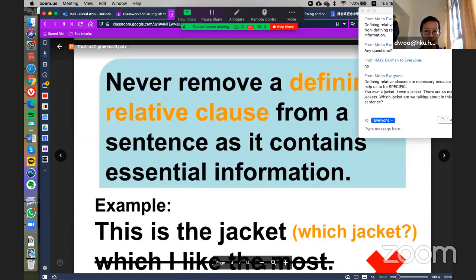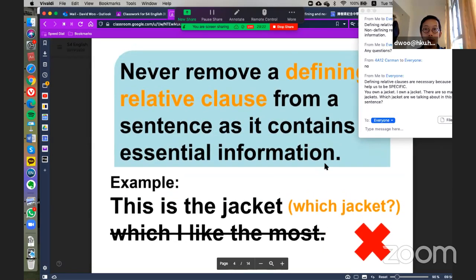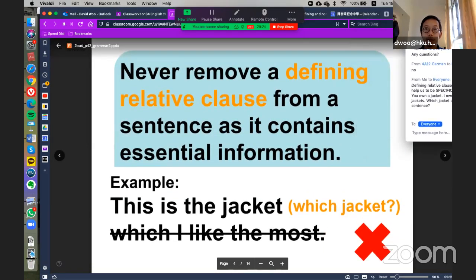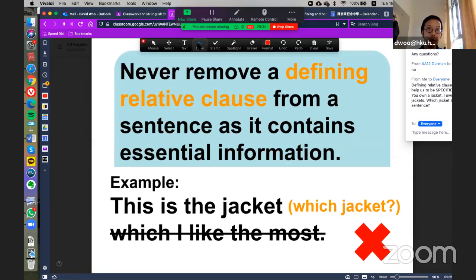So you don't remove a relative clause. And this goes back to what I was just saying. If you remove the relative clause, we have no idea which jacket you're talking about.